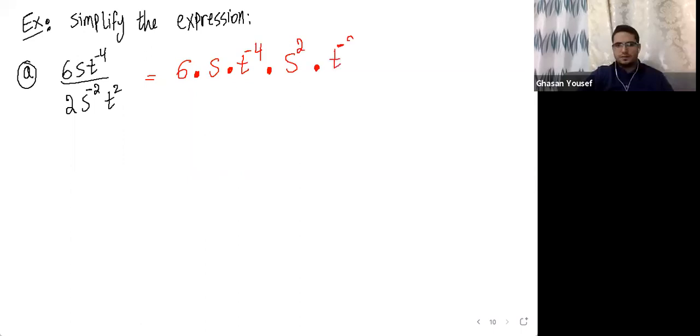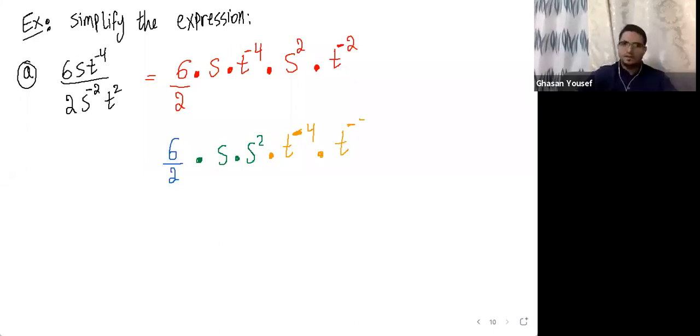So I'm going to combine all the numbers together. So I get here 6 over 2 times s together, and the last things I have left is t to the power minus 4 times t to the power minus 2.